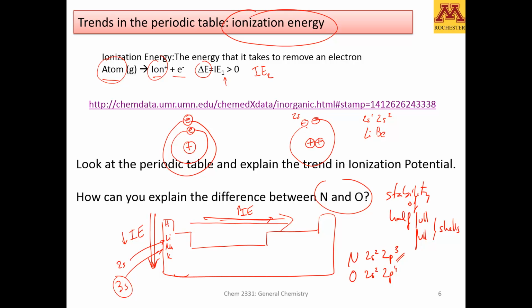Remember that when going from left to right, the size decreases. The same factor that makes that atom smaller makes the electrons more attracted, therefore it'll take more energy to be removed. The moment they are smaller, they're closer to the nucleus, they are more attracted to the nucleus.